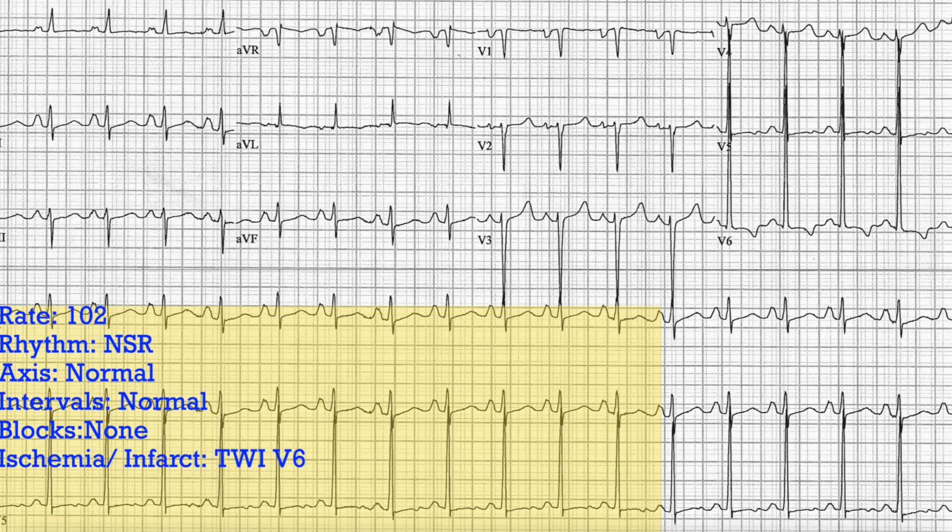The other thing that makes me think that is if you look back at the P waves over here. We don't usually look at how P waves look, except if we're looking for atrial enlargement. Why would your atria get enlarged?